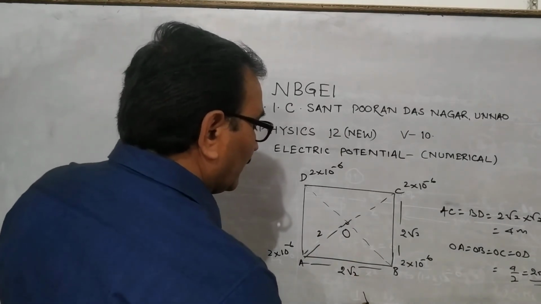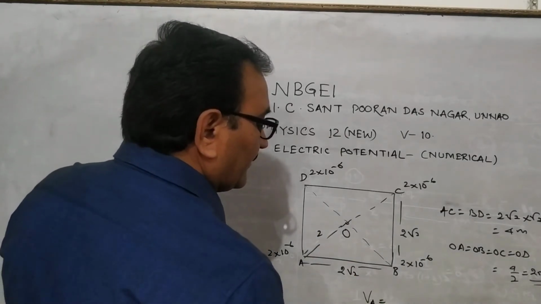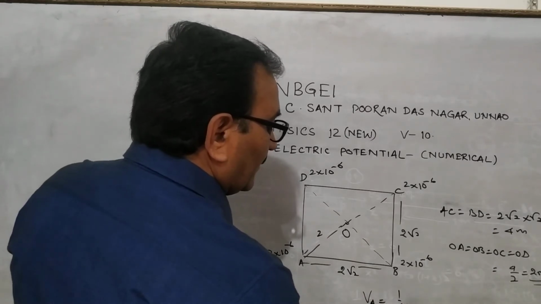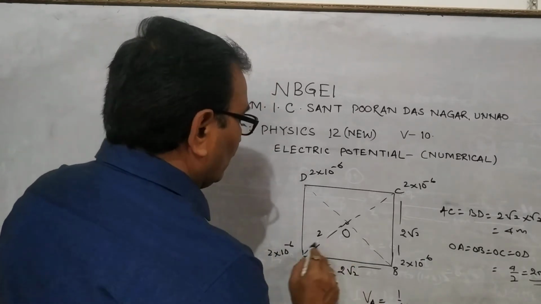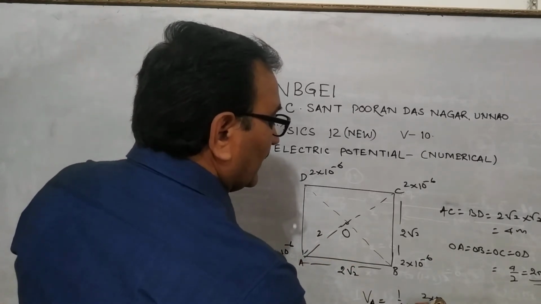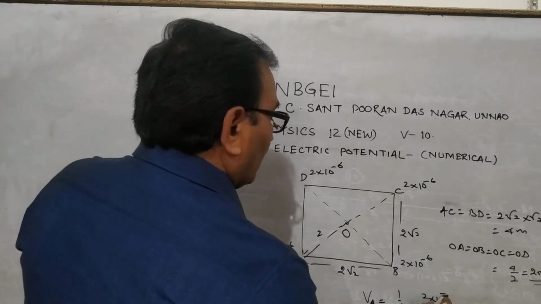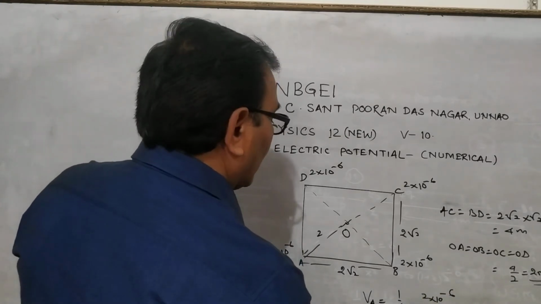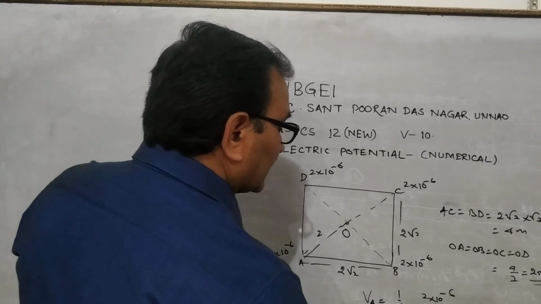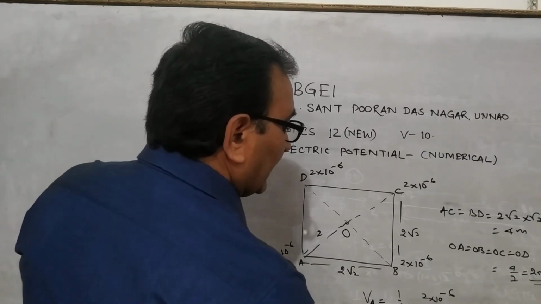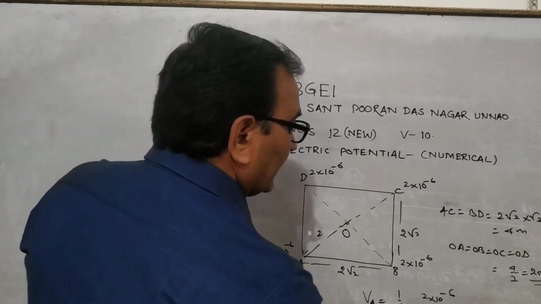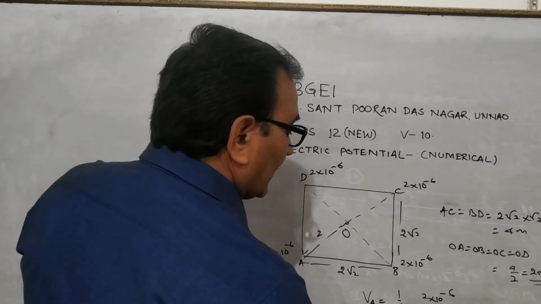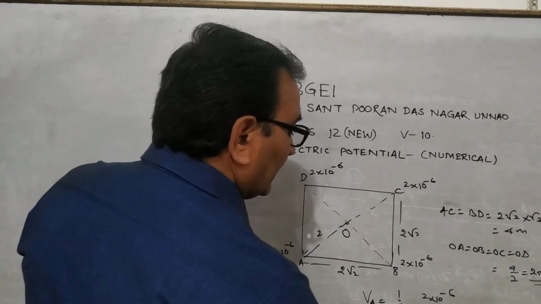So V is 1 upon 4 pi epsilon naught Q, that is 2 into 10 to power minus 6 upon 2. So this becomes 9 into 10 to power 9 into 10 to the power minus 6. So this becomes 9 into 10 to the power 3 volt.